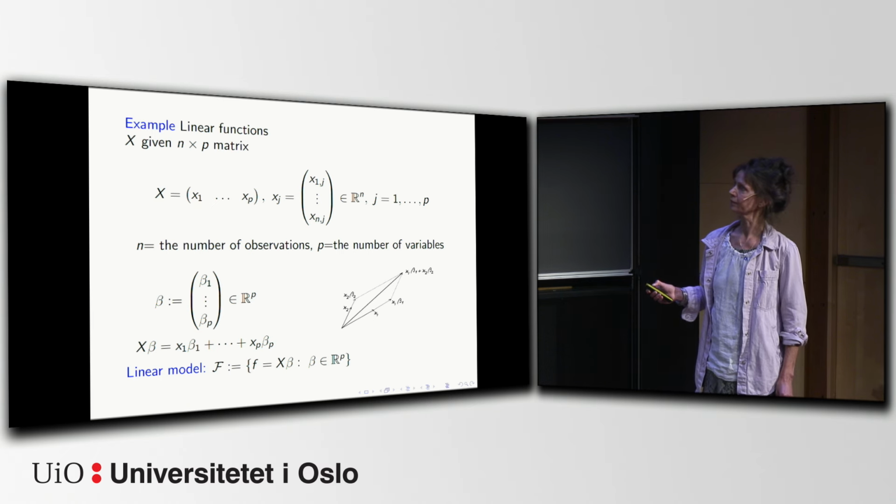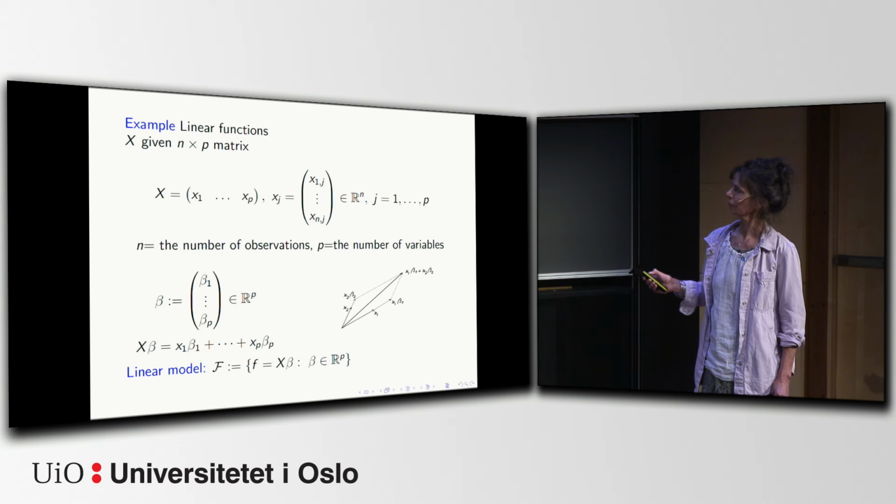It's a matrix consisting of p columns. P is the number of variables, and each column is a vector of length n. So I'm now going to take linear combinations of those columns with coefficients beta.